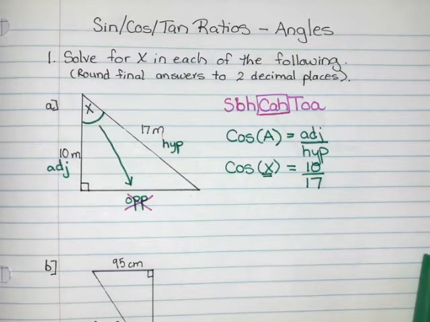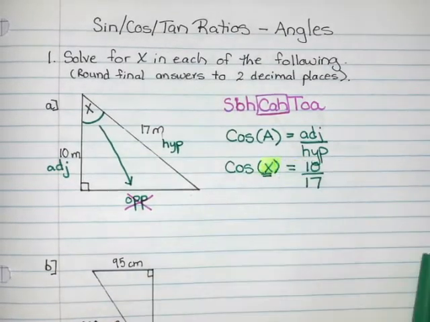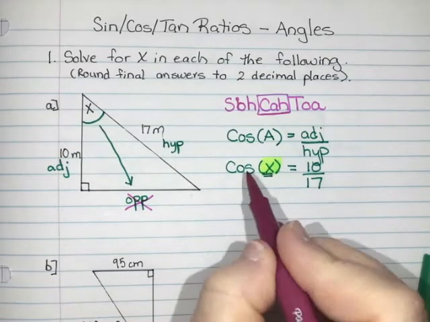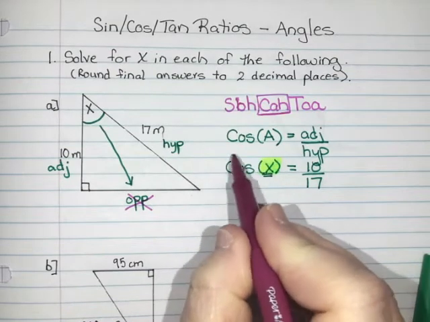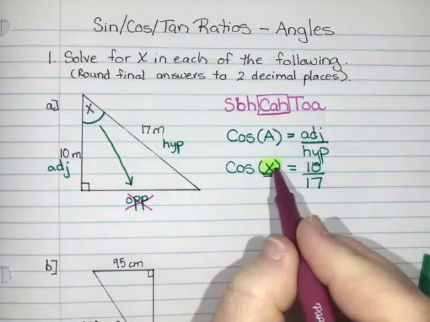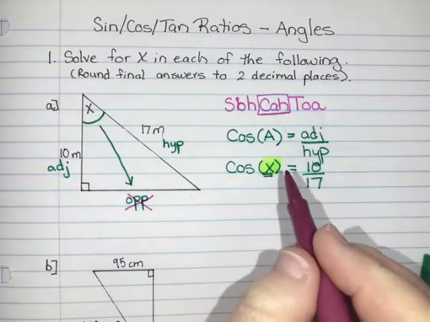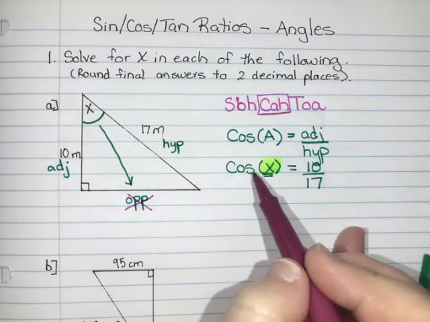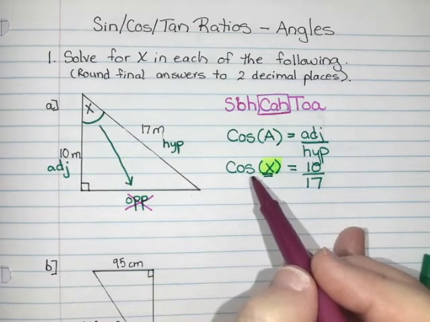What I would like to do is find a way to get that x all by itself. So what I need to do is figure out a way to get rid of just a cosine. Not cosine with a number, but just a cosine. So what I want to know is what the opposite operation of cosine is.